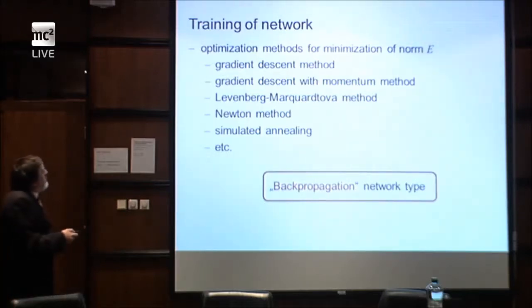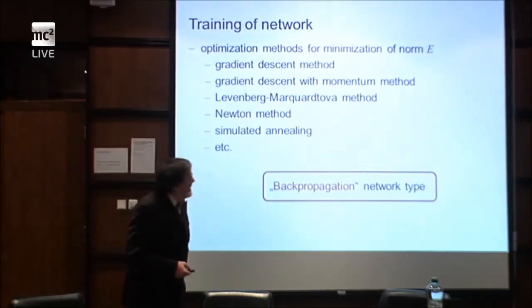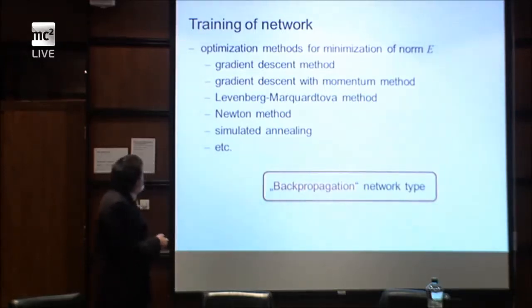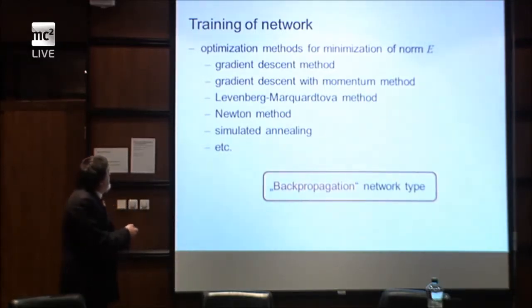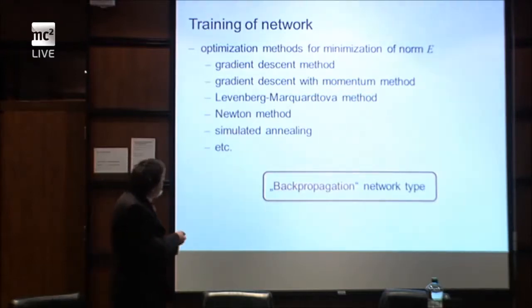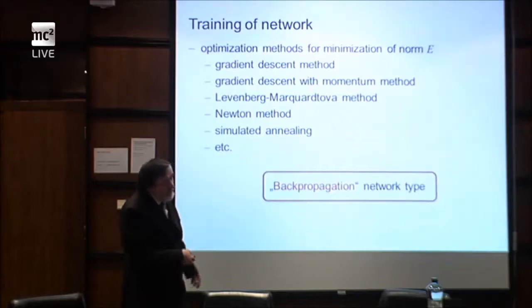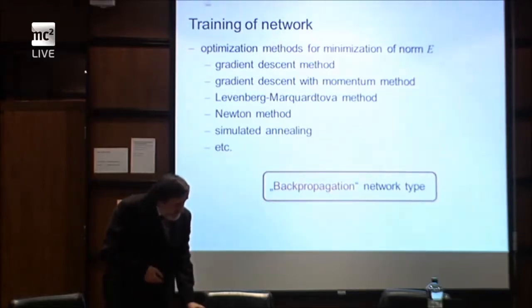The norm is minimized, and different types of optimization techniques can be used, like the gradient descent method or gradient descent with momentum method. Levenberg-Marquardt is typically a very famous method. Newton, also simulated annealing, etc. All these networks are called so-called backpropagation types.